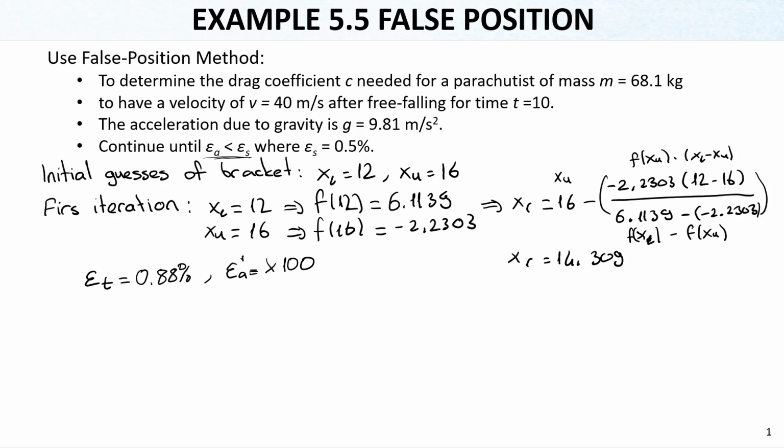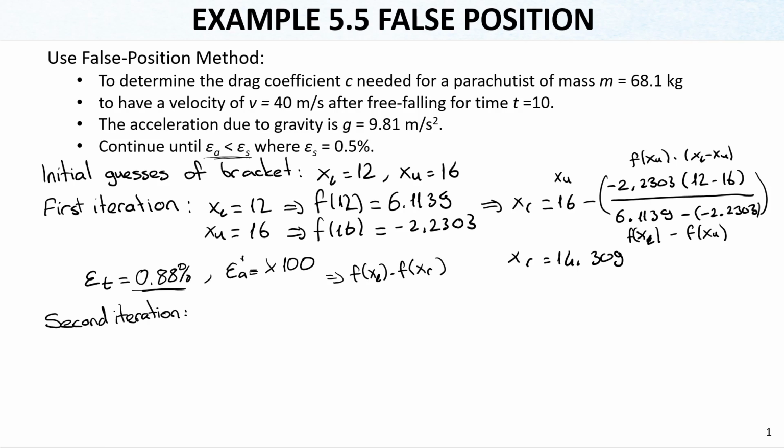So we will go to the second iteration then. By the way, you can see that the true error is very low, even at the first iteration. Before going on, we need to check whether the multiplication is positive or not. It is f(xl) times f(xr).